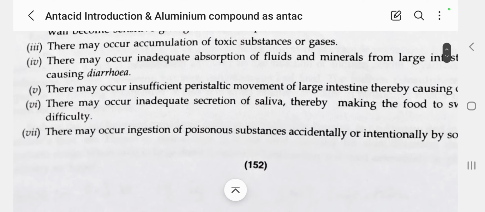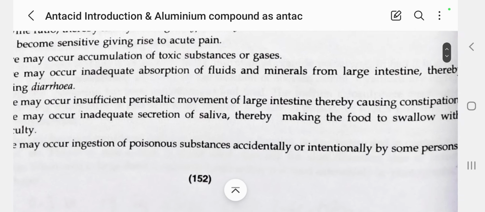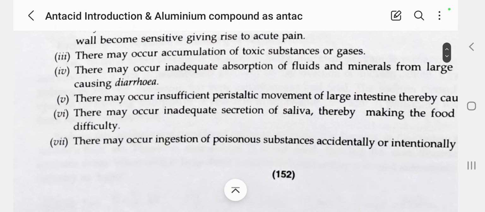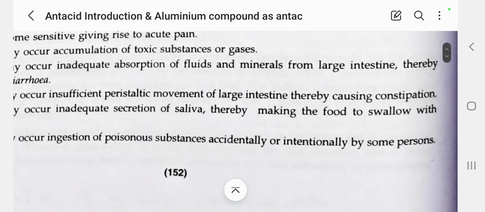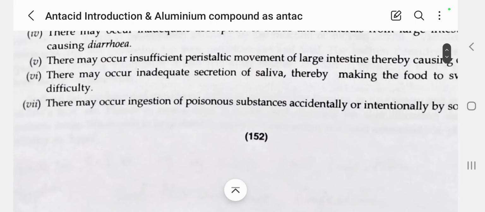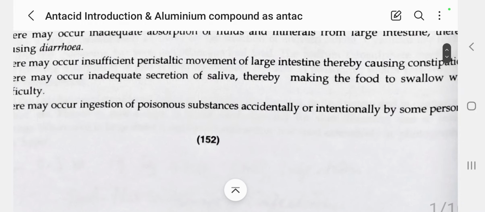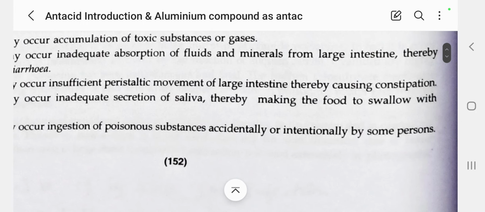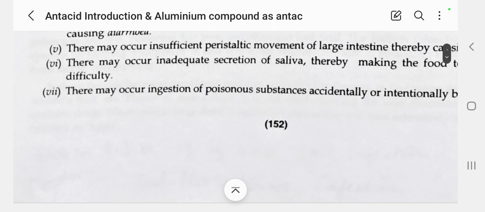There may also be inadequate secretion of saliva, thereby making the food difficult to swallow.